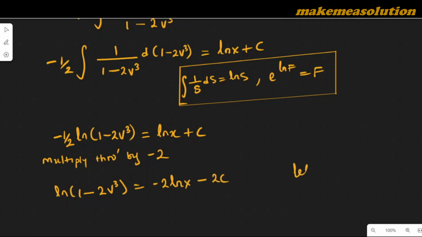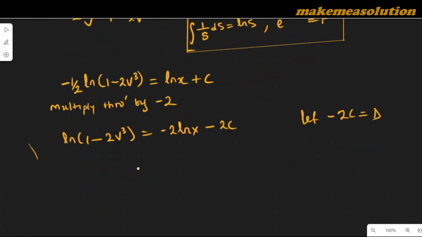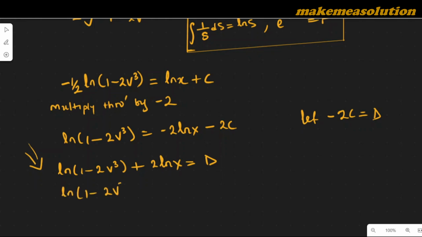So you can let negative 2c be equal to d, for instance. So this will now imply ln of 1 minus 2v cubed plus 2 ln x is equal to d, another arbitrary constant. So applying some logarithmic laws, ln of 1 minus 2v cubed plus ln x squared is equal to d.